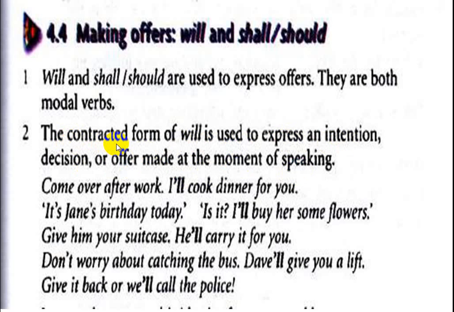Again, the contracted form of will, meaning the short form. The modal verb will, when you write it, is apostrophe double L. So it is used to express an intention, a decision, or an offer made at the moment of speaking.